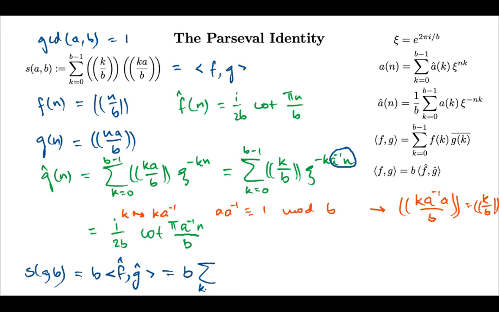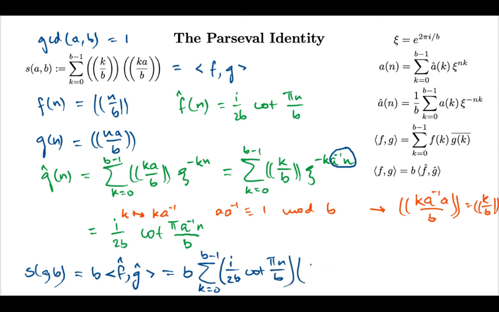And so that means I can write the Dedekind sum as a product of cotangents. Let's be a little careful. For the first Fourier transform, I have an i over 2b cotangent pi n over b.